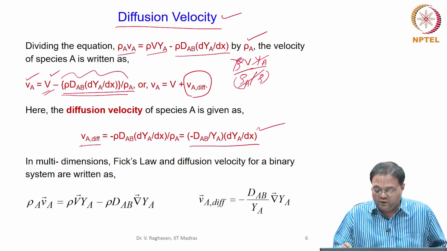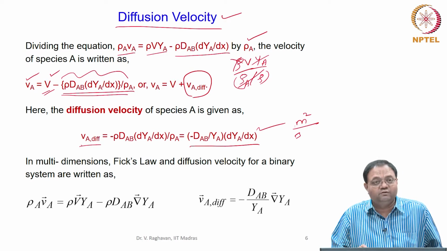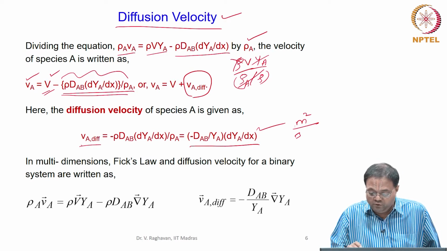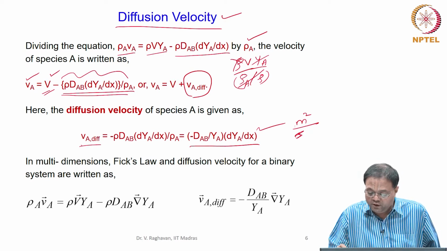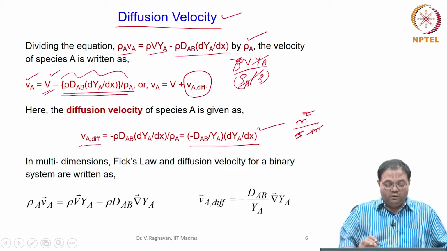You can verify the units: meter square per second for D A B, mass fraction does not have a unit, and dY A divided by dx is per meter. So meter square cancels with meter, leaving meter per second, which is the velocity, the diffusion velocity.